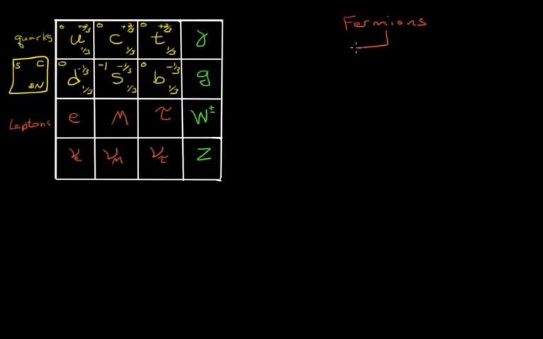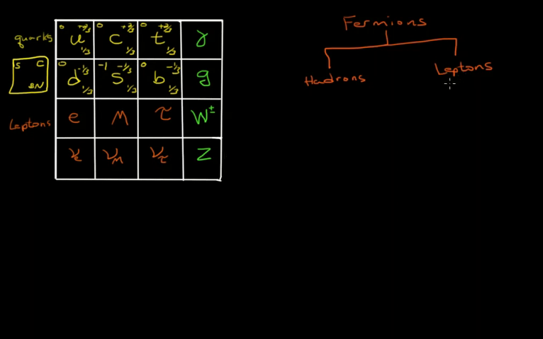So fermions, there are two kinds of fermions. There are hadrons and there are leptons. Hadrons are basically all of these particles that are not leptons.